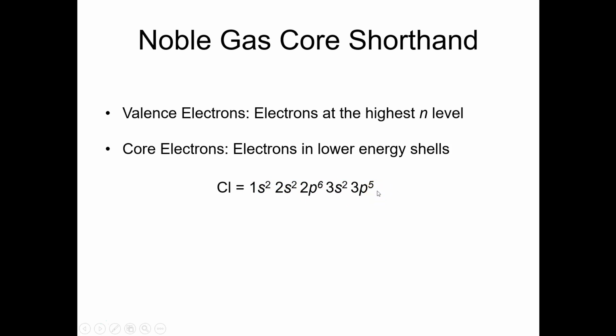But we can take advantage of the fact that the core electrons, that is the non-valence electrons, essentially correspond to all of the electrons of a neon atom, right? Because 1s2, 2s2, 2p6, which comprises all of our core electrons, is the electron configuration for neon.